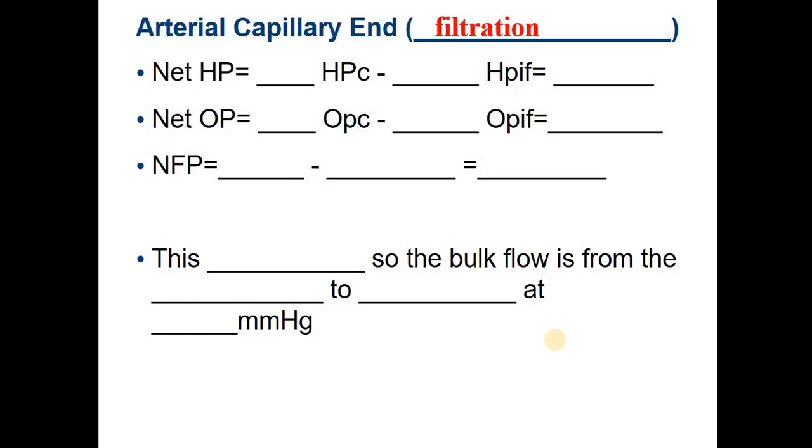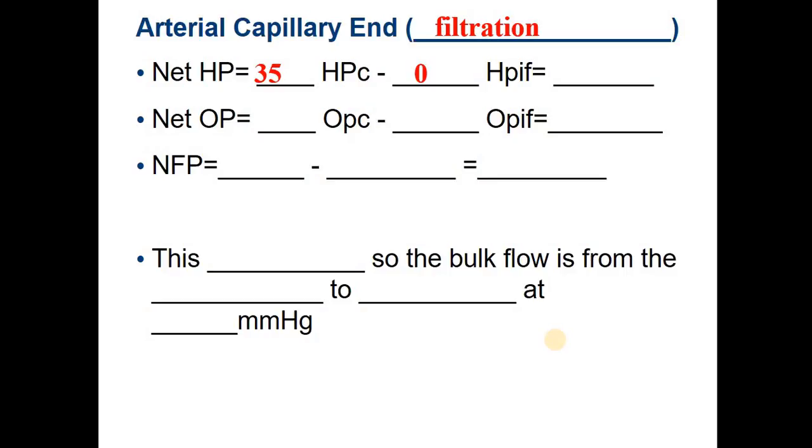So your hydrostatic pressure of the capillary is 35 millimeters of mercury. Your hydrostatic pressure of the interstitial fluid is 0. And this is because we assume it's 0, because if anything leaks out into the interstitial fluid, we have our lymphatic system that picks up anything and puts it back into our circulatory system.